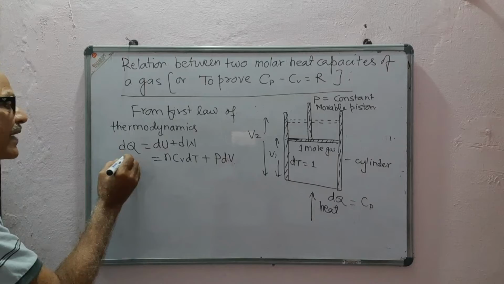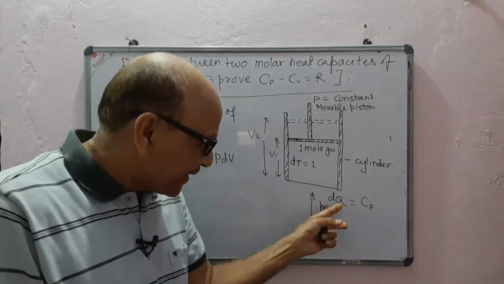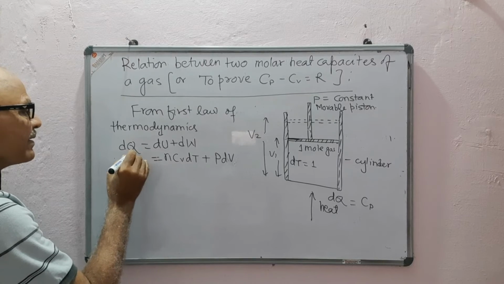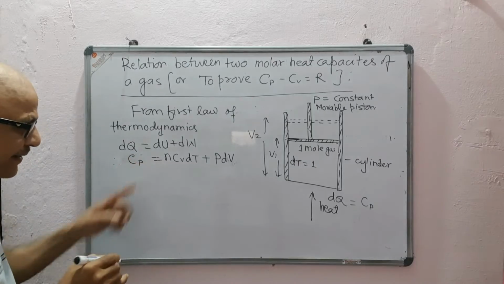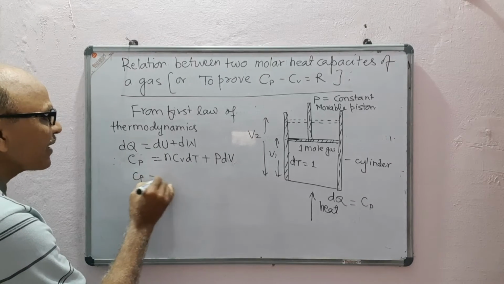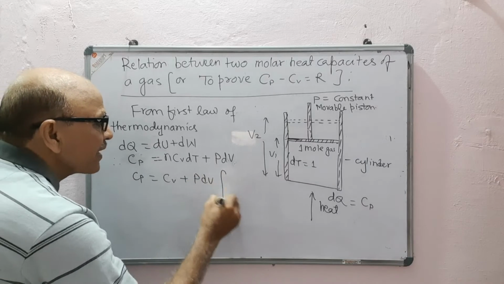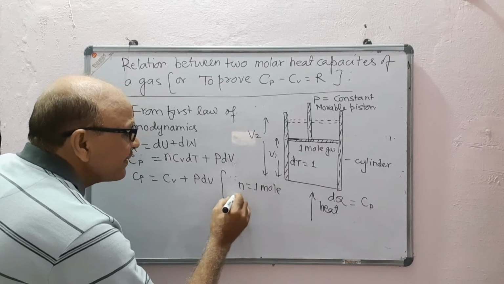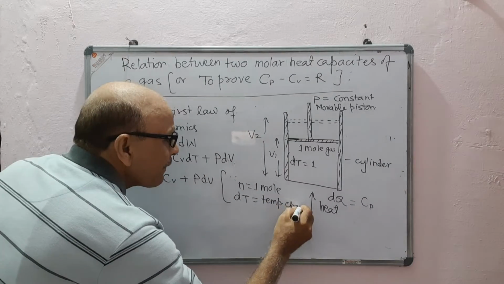By the definition of molar heat capacity at constant pressure, dQ will be equal to Cp. Here n is 1 and dT is 1. Therefore, this relation becomes Cp is equal to Cv plus P dV, because n is 1 mole and dT is temperature change, which is 1 degree.